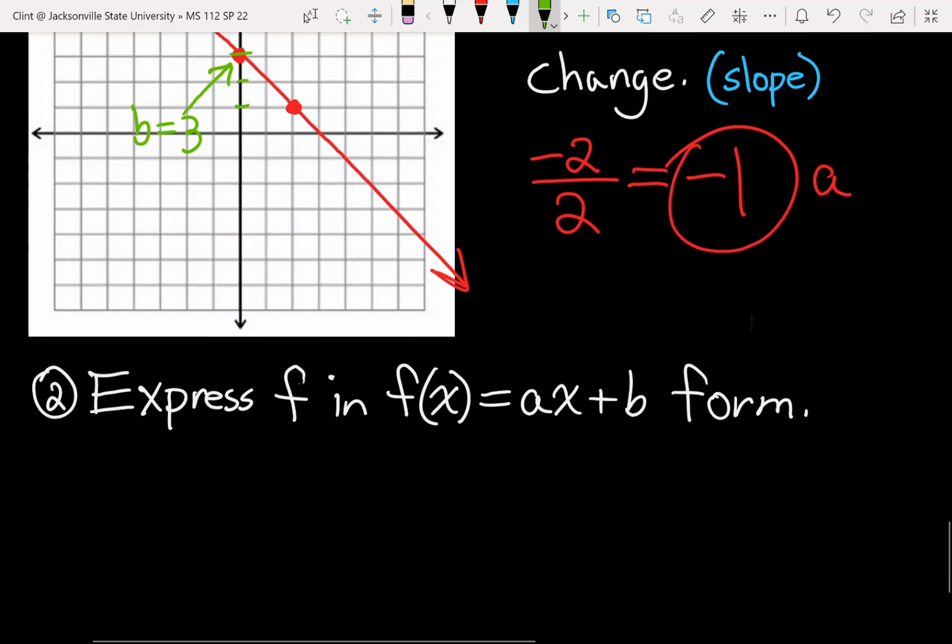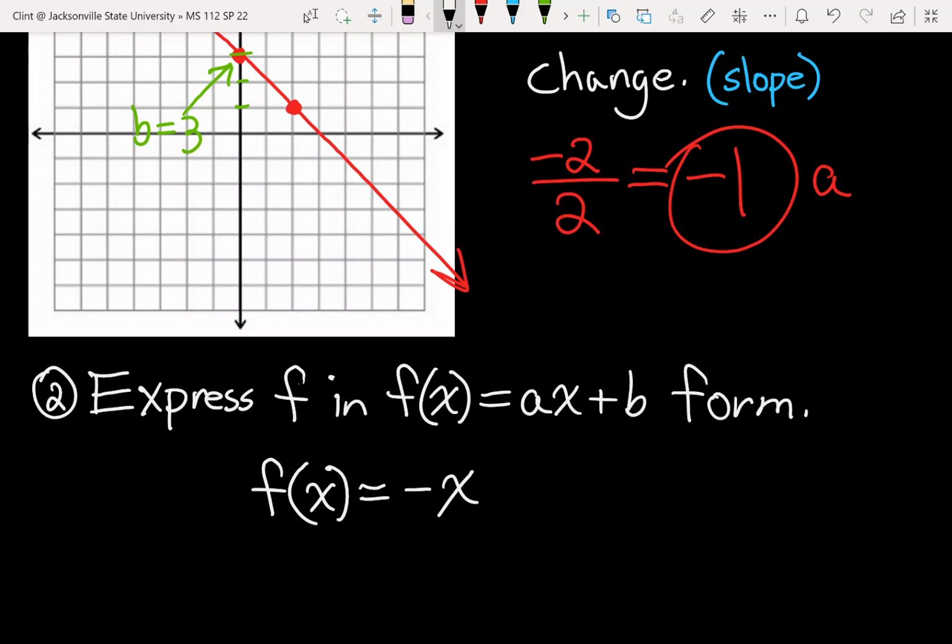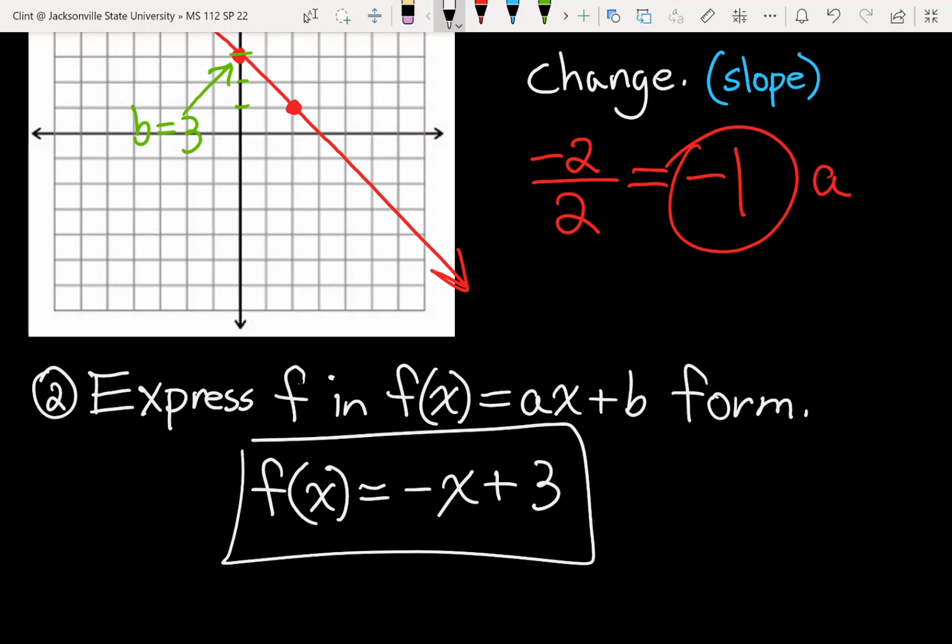So plugging into AX plus B form, my function is -1 times x, or negative x, plus 3.